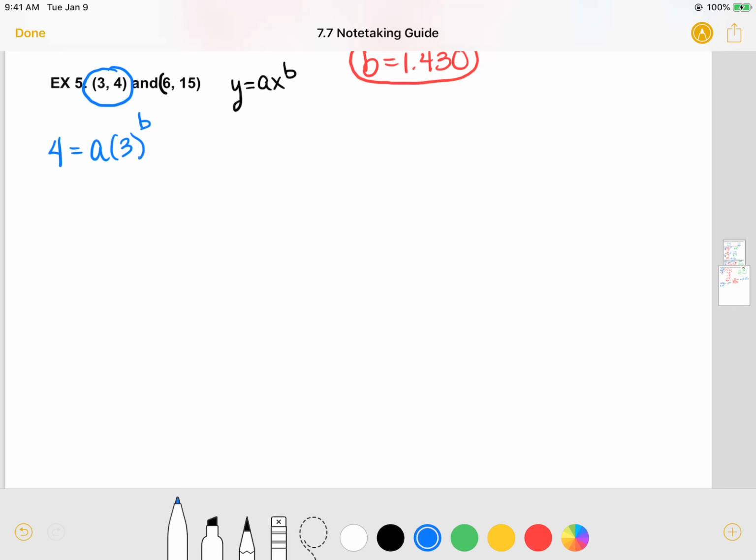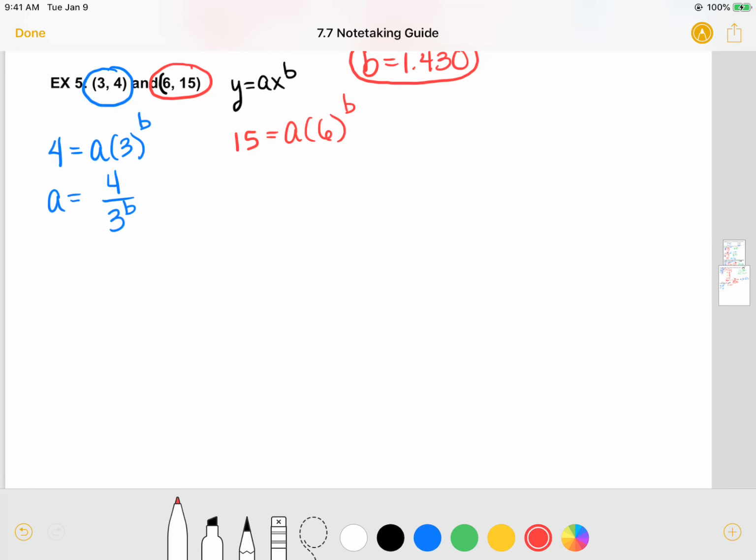Okay? Next, we solve for a. So go ahead and divide each side by 3 to the b. So what you should get is a equals 4 over 3 to the b power. Okay? Now let's grab our second coordinate, 6, 15, and we're going to substitute in a 15 for our y and a 6 for our x.